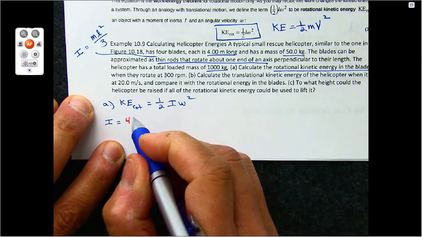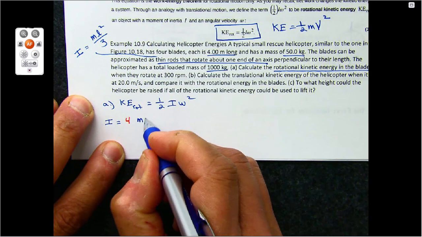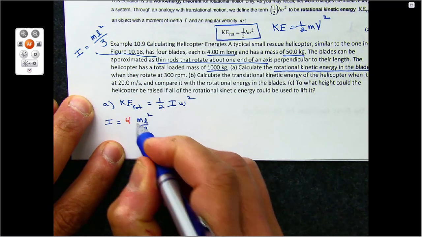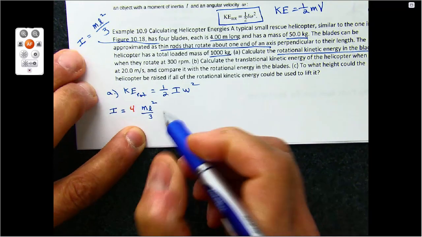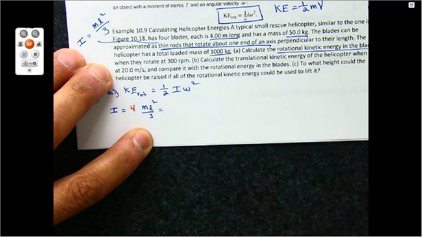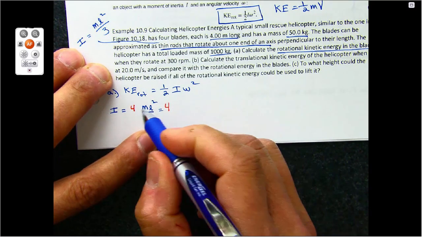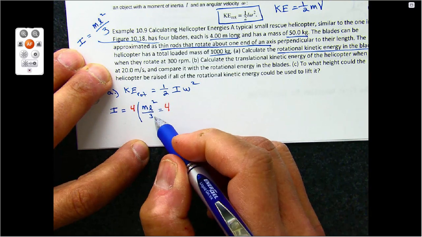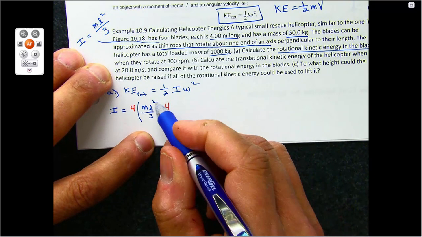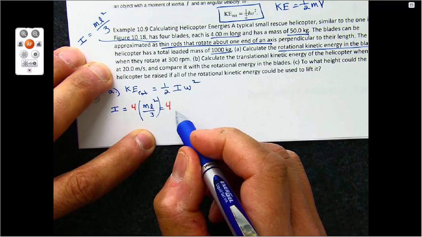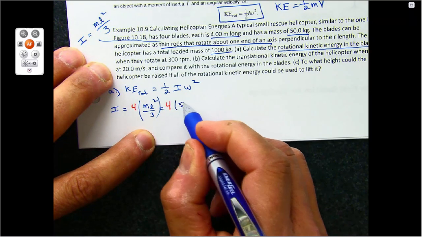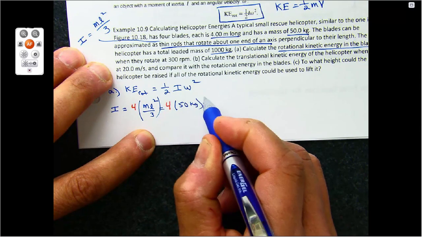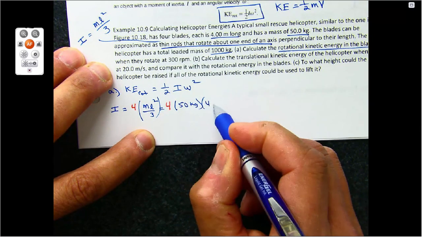And then we want to use ml squared over 3. So this is my 4 blades. It doesn't matter how I do this, will be fine. My mass of my blades, 50 kilograms. Length of my blades is 4 meters.